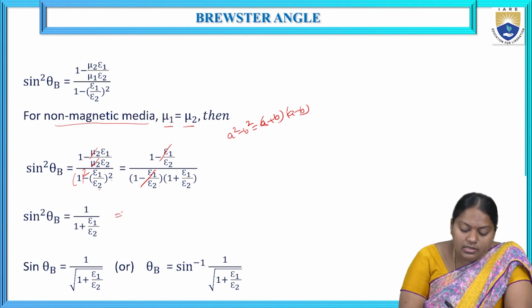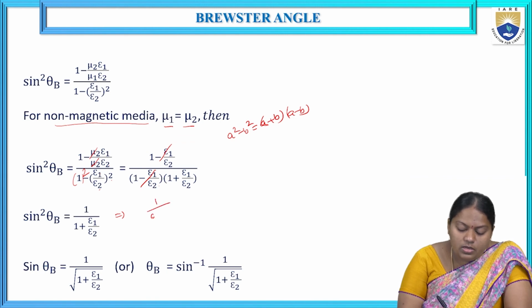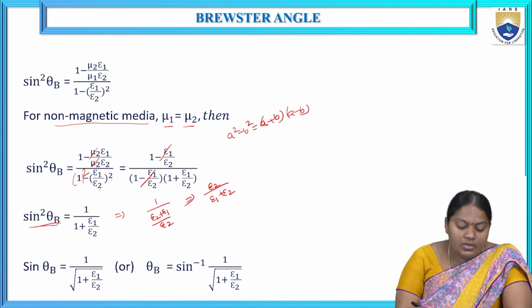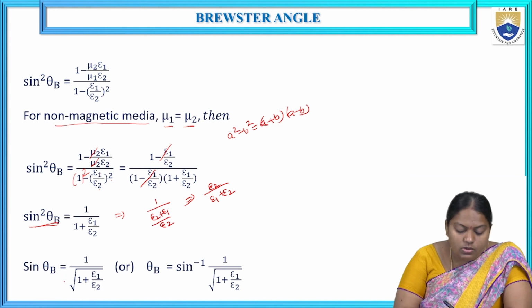Or by simplifying this one, 1 by (epsilon 2 plus epsilon 1) by epsilon 2, or this can be written as epsilon 2 by (epsilon 1 plus epsilon 2) as given by sine square theta b. Right? So see here, sine square theta b equal to 1 by (1 plus epsilon 1 by epsilon 2).